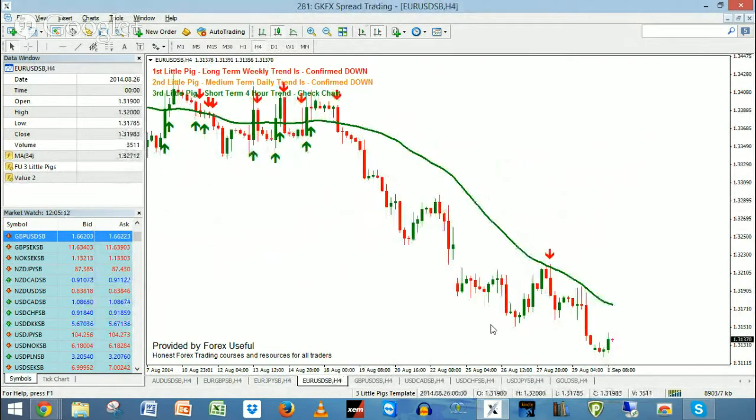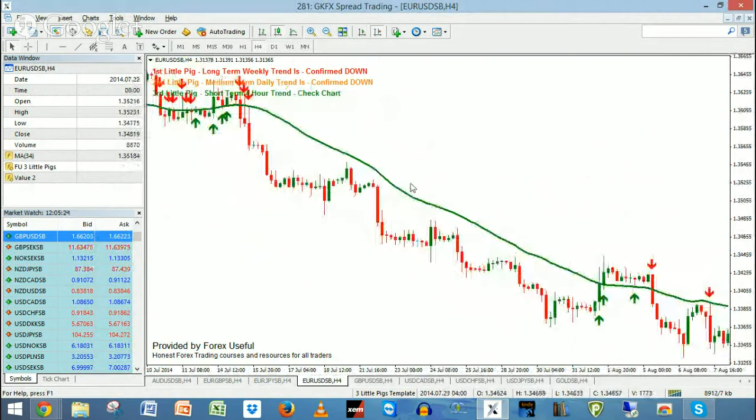So Euro USD, this is very well documented on the website. I've covered it in the last 3 updates. Basically, I picked out this trade a few weeks ago, where we made about 4%.